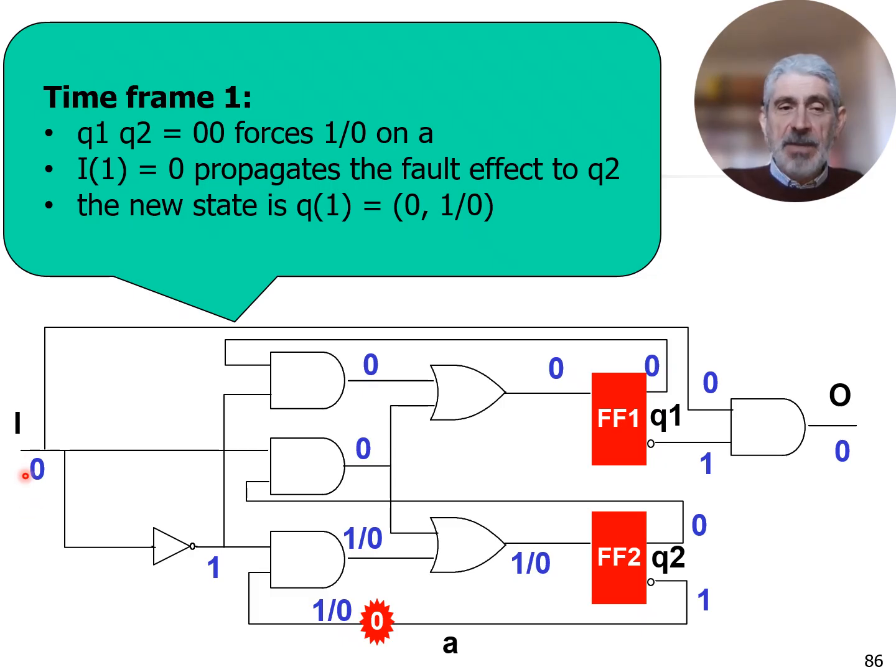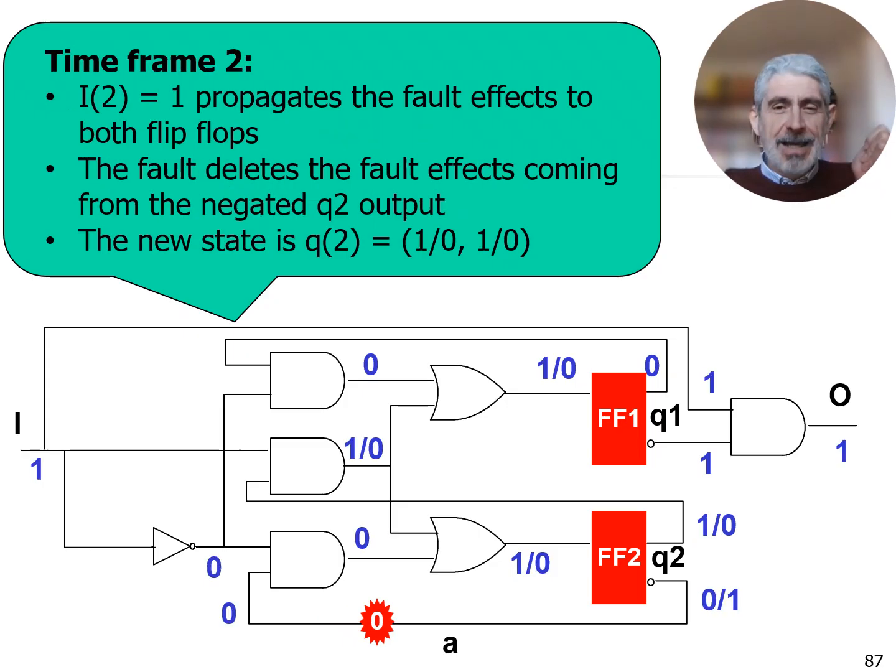And this is done by forcing I to 0, so that the AND and luckily also the OR become transparent and do propagate the fault effect. At the end of this time frame, flip-flop 2 will store a different value: in the good circuit 1, and in the faulty circuit 0. Then I will activate the clock and a new time frame will start.